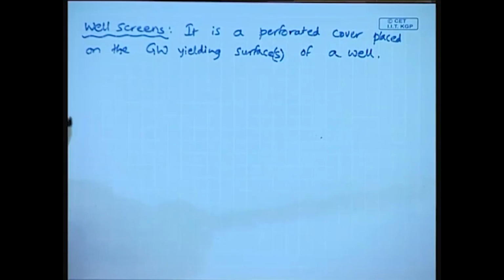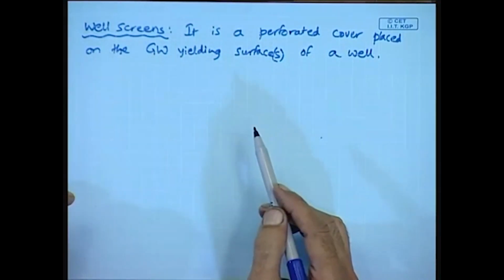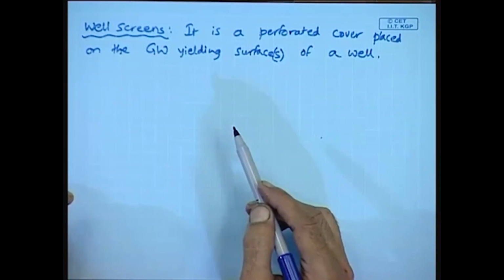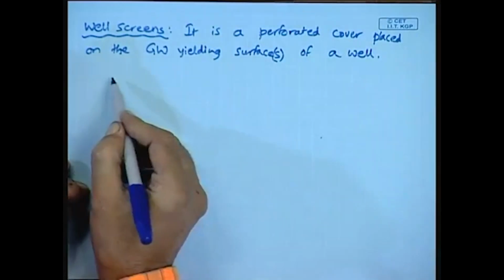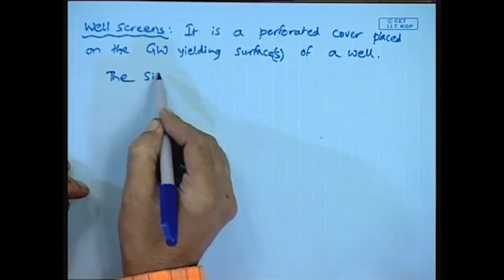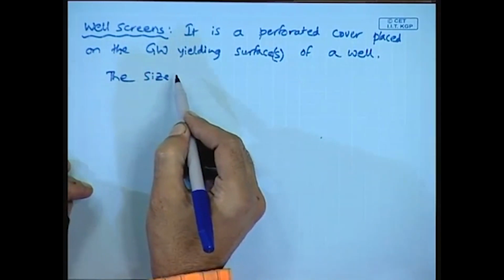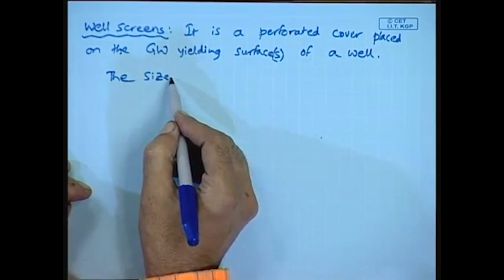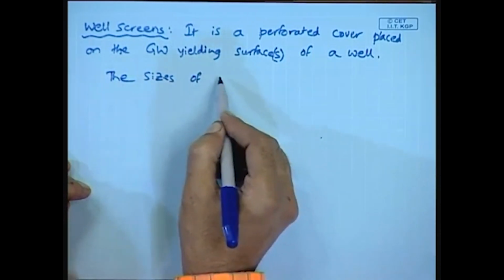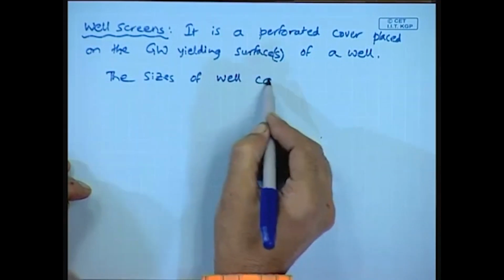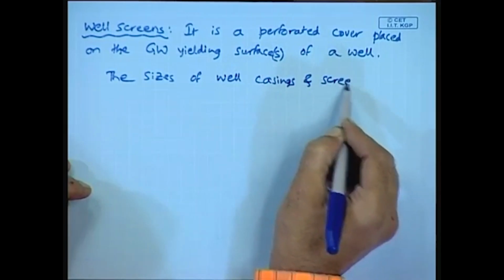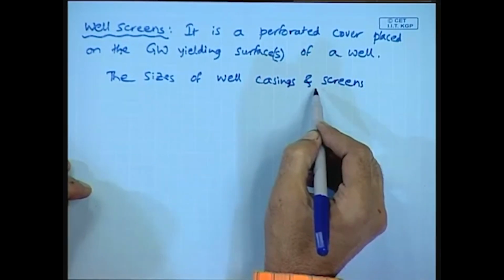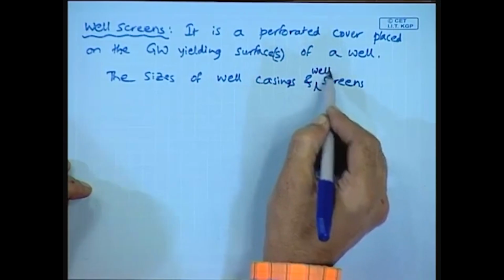Say for example, the sizes of well casings and screens, the well casing as well as screen.